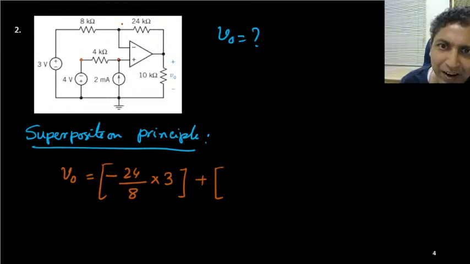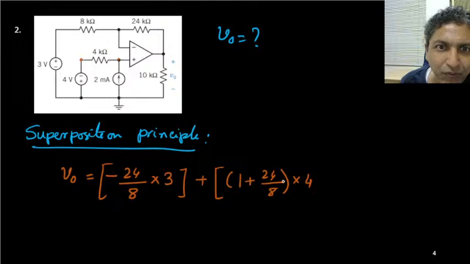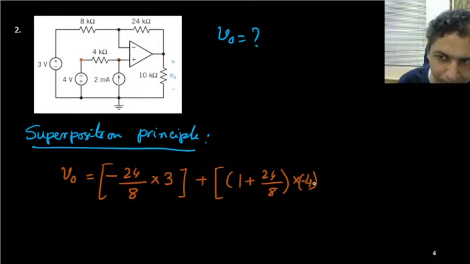So what is the gain? So you should use non-inverting gain. So what is that? 1 plus Rf by R1. So 24 by 8. This is the gain multiplied by supply voltage. That is, it is in opposite form. So this is your minus 4. So that you have to be careful. So this is your minus 4 volt.